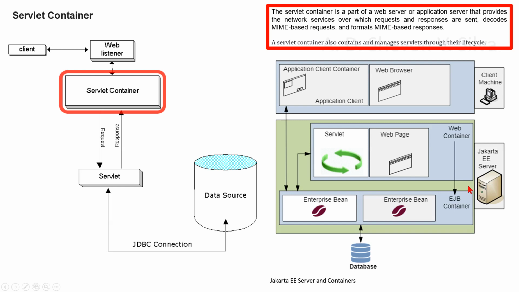Here are some highlights. Jakarta EE security model lets you configure a web component or enterprise bean so that the system resources are accessed only by authorized users.